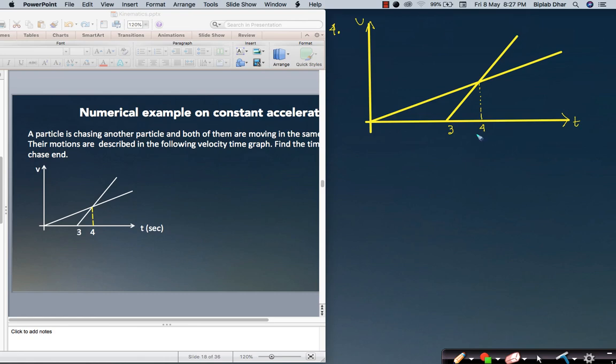Suppose the chase ends here at this point. So what I can say is that the area under this triangle, let us name them ABC, area under this triangle ABC is equal to area under this triangle O, D and C, right? So these two areas should be the same.